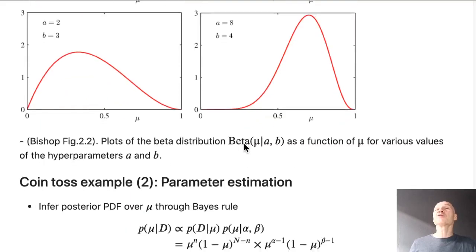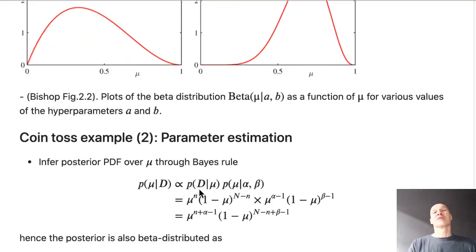But we've also seen some data, and we're going to encode that in the likelihood, the probability for the data given a value of mu. These are two sources of information, and you want to fuse them, and you do that through Bayes rule.